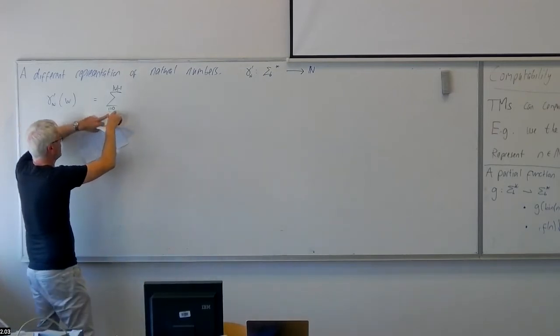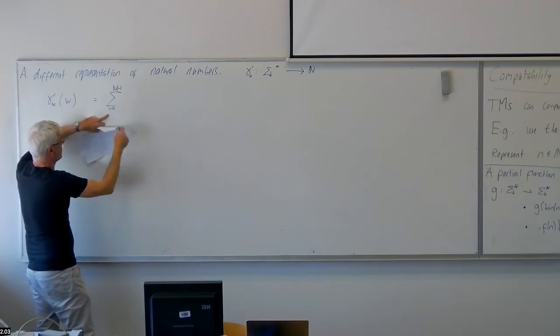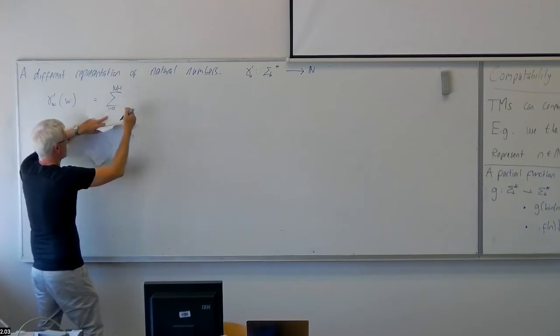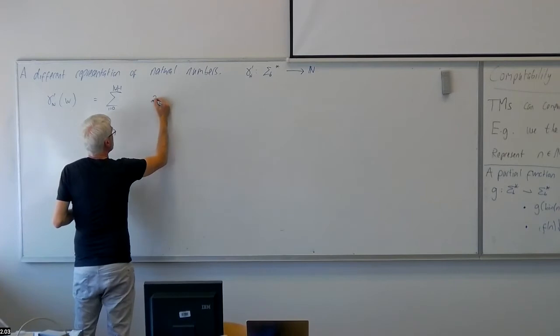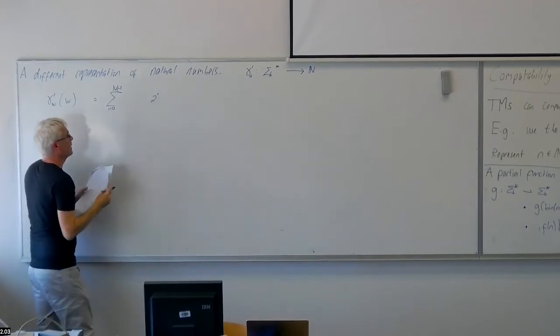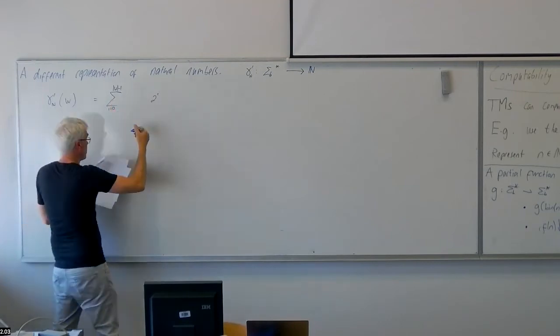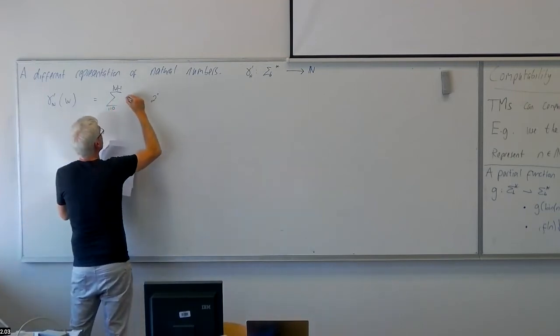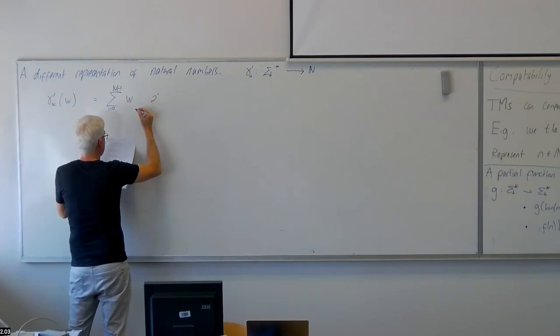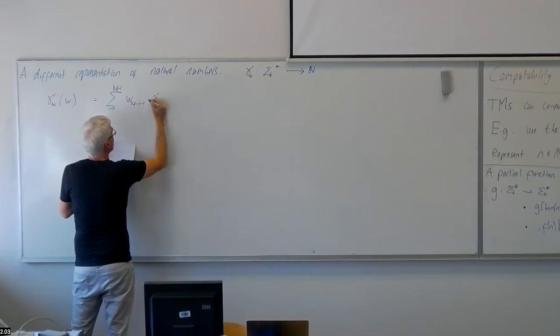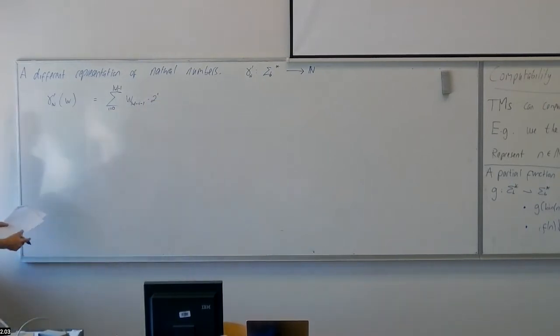So we'll have i for the significance, so powers of 0, powers of 1, powers of 2, so times 2 to the i. When i is 0, we want the last character, so we want the character in position length of w minus i minus 1, times 2 to the i, and that gives the binary representation.